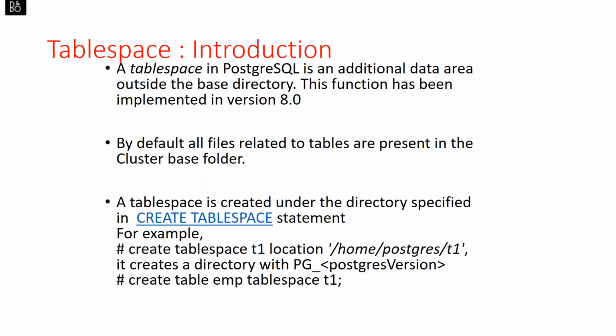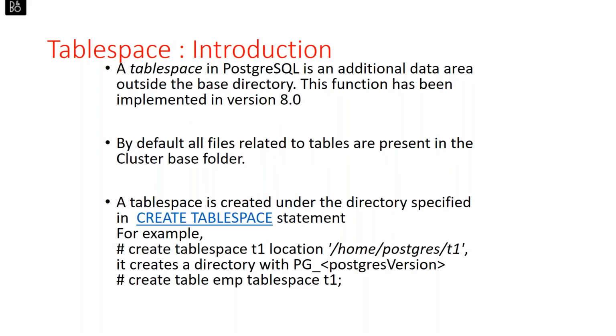So you are creating an employee table under the table space T1, and the physical data of the employee table will be saved under T1. So create table space takes the table space name and its physical storage location, here home Postgres within the Linux server, T1.